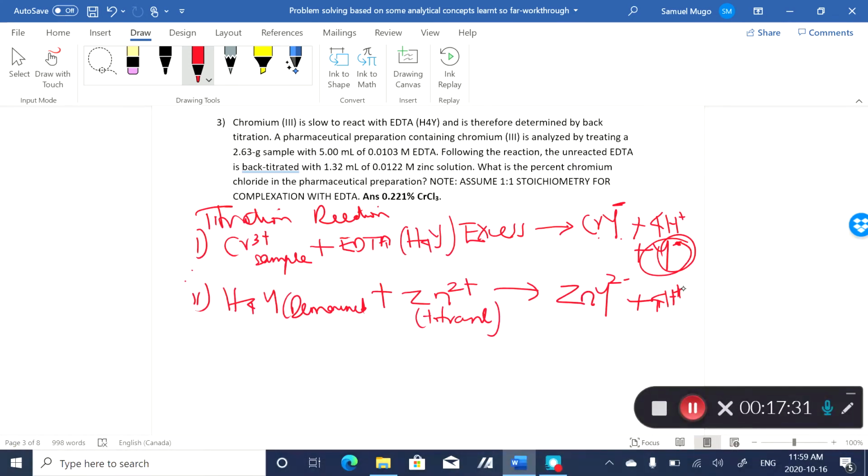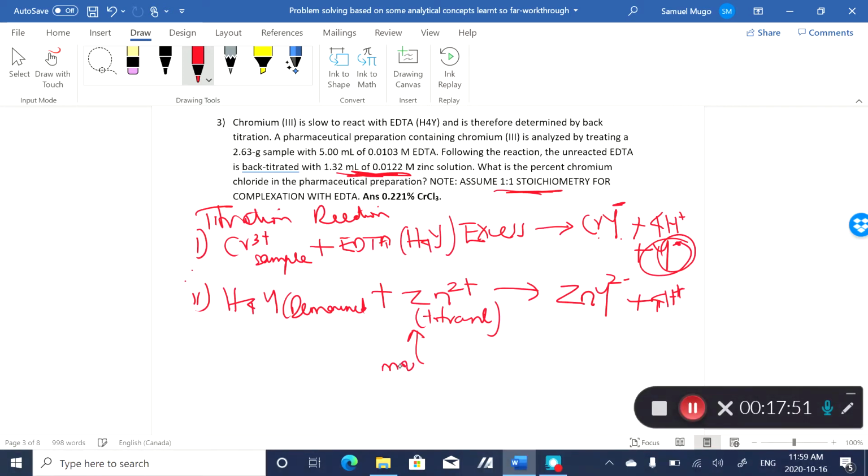So what we really need to calculate is, we already know the number of moles of zinc that was used as a titrant, and it's a 1-to-1 stoichiometry, we've been told.